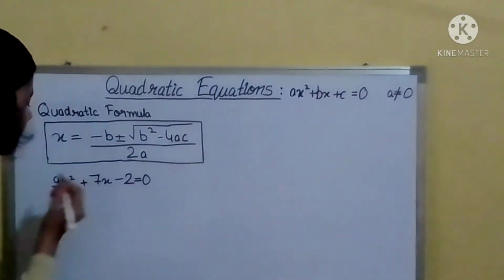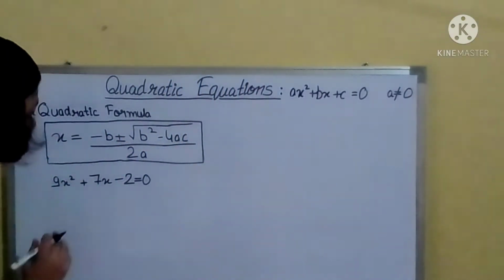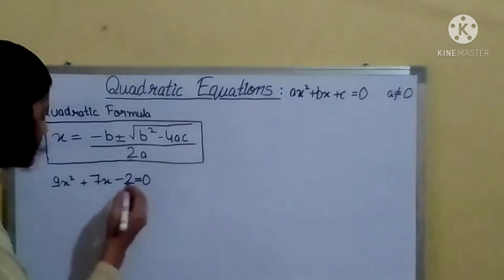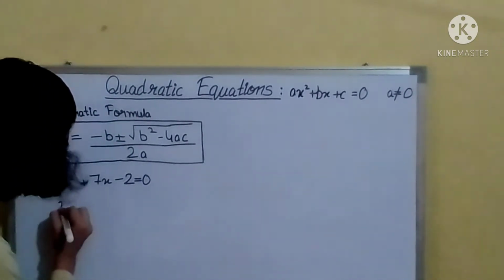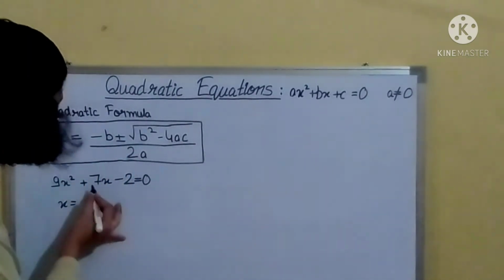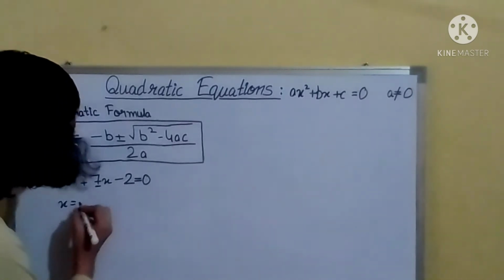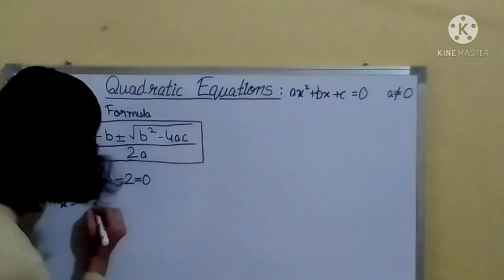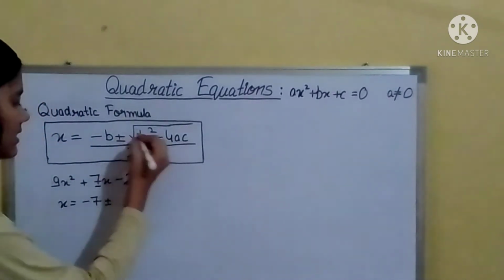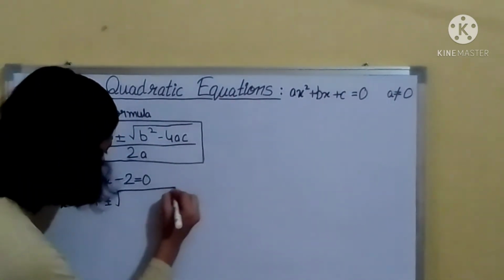Okay. So let's do this question. 9x square plus 7x minus 2 is equal to 0. So first we will put x over here, then minus b. What is the value of b? It is equal to 7. So minus 7. Then plus minus, then we will form a root.